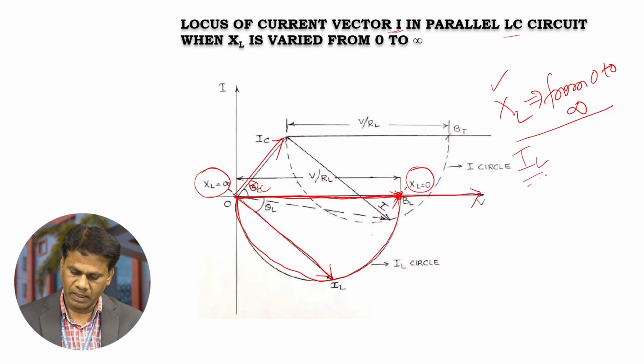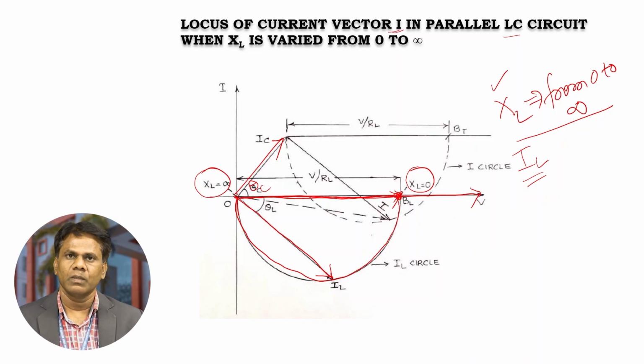The current decreases from the maximum value to 0. When XL is equal to infinity, the current is equal to 0.